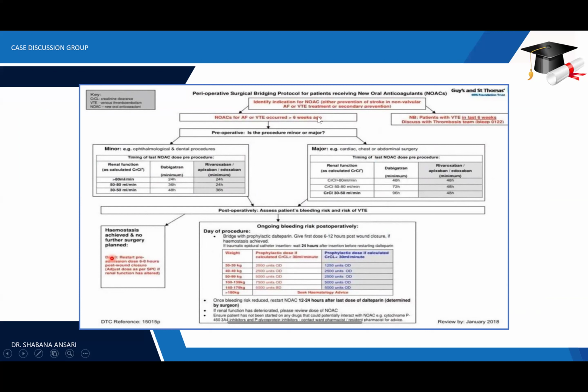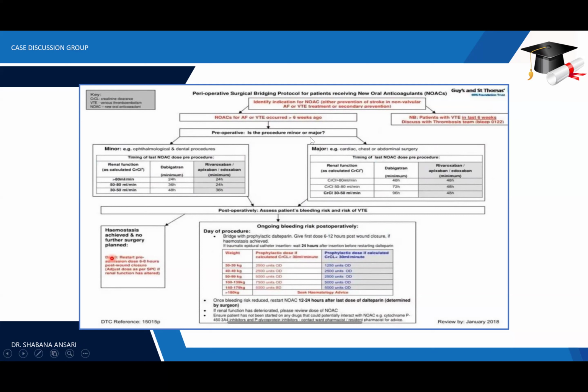Okay. So these charts are like unit protocols, what generally in the exam they give us, to ensure that we read the chart and follow it accordingly. So first of all, looking at the first row, we have to know when the last VTE episode occurred. And then we determine the type of procedure we are doing, whether it's a minor surgery or a major surgery.